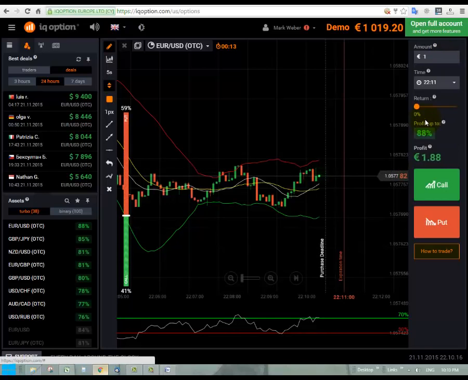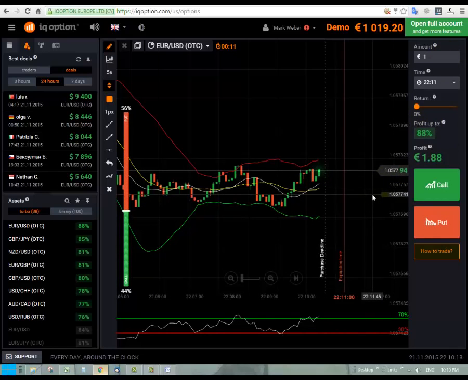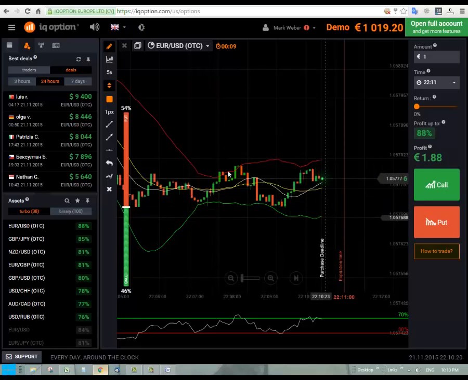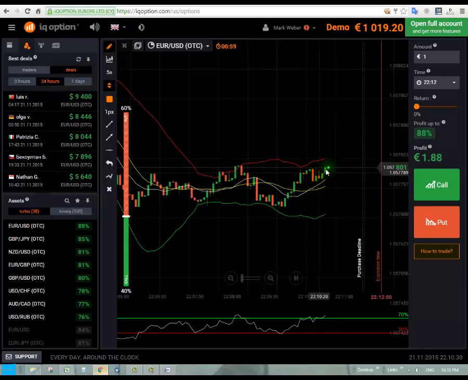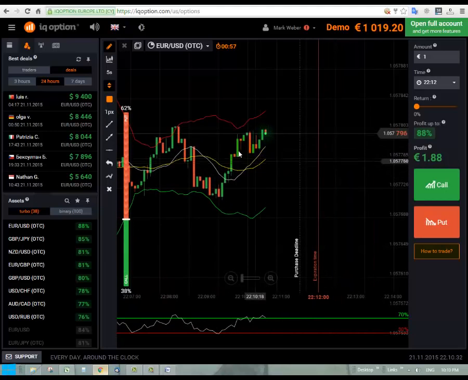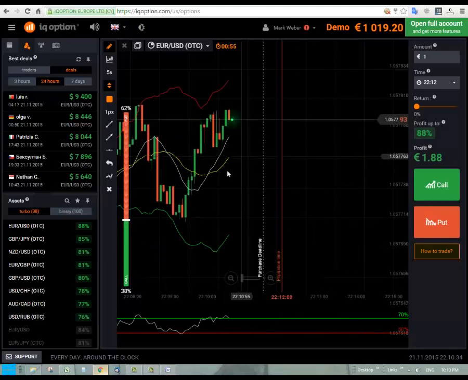We will set up for 1 euro. You can see the channel is a little bit narrow now, which means that we will expect a movement, a big movement.